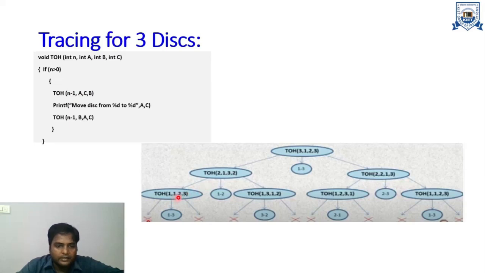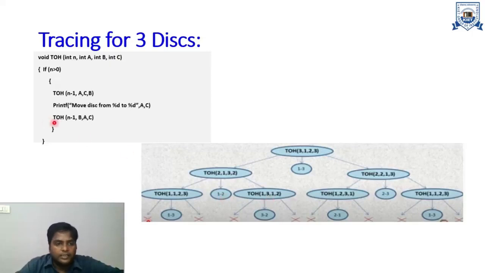So 1 comma 1 comma 2 comma 3, because n minus 1 is 1, since 2 minus 1 is 1. Okay. Next we move from A to C. So A is 1 and C is 2. So we move the disk from 1 to 2.